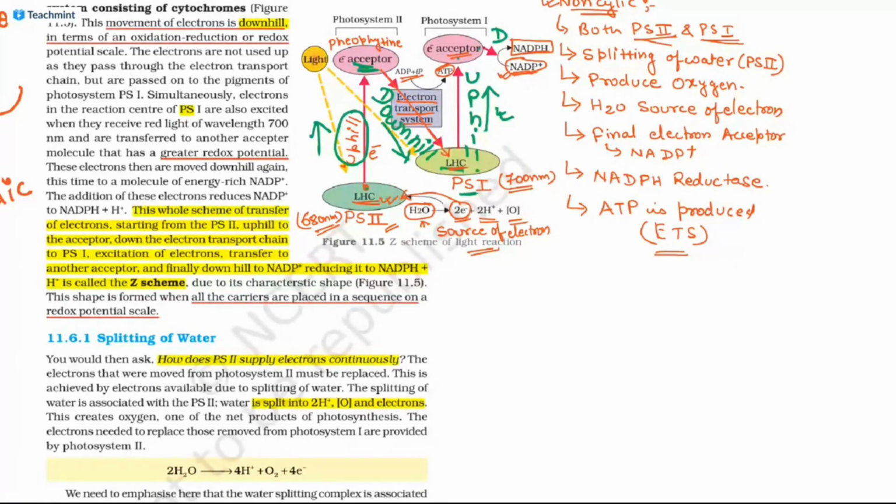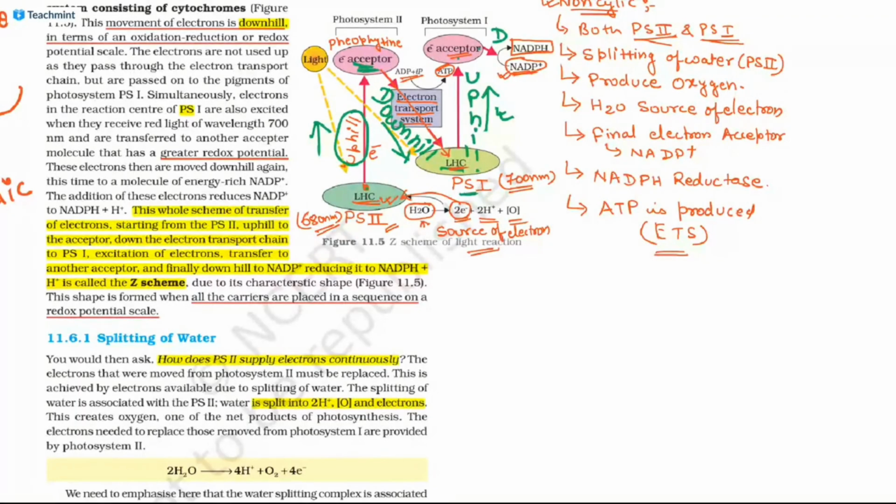For example, if I say that electron moves from photosystem 1 to the electron acceptor, is this uphill or downhill? It's uphill. Movement from the primary electron acceptor to PS1 through ETS, it is downhill. Clear? So the uphill downhill concept is also very clear.